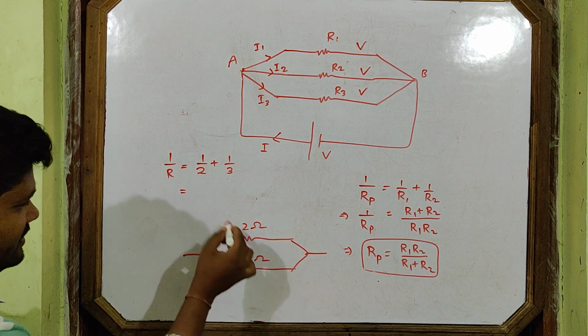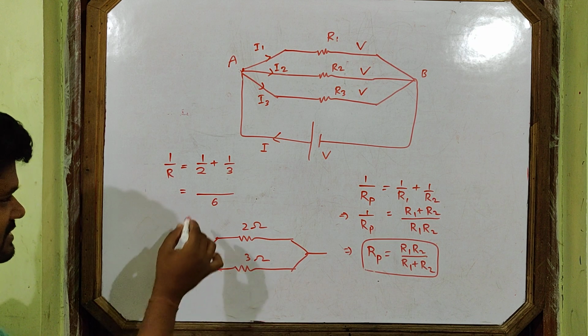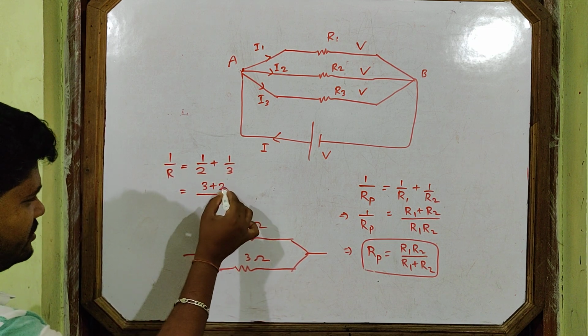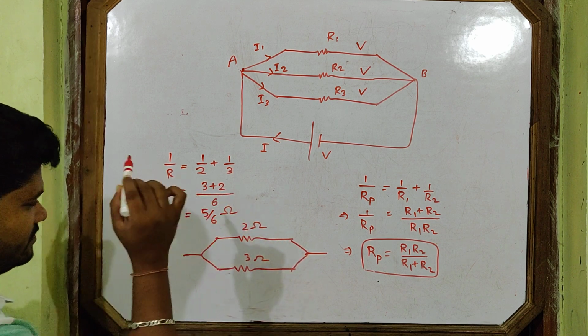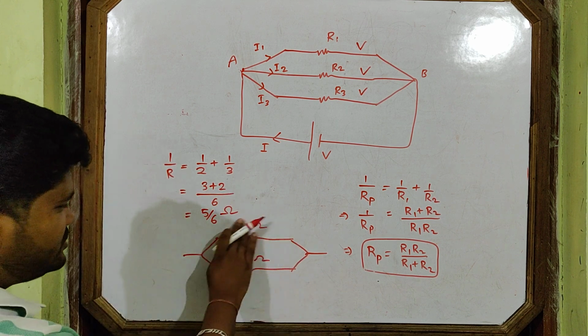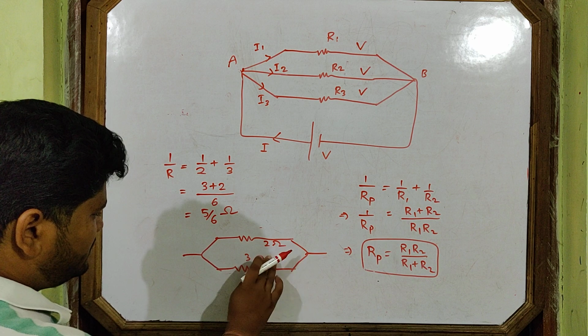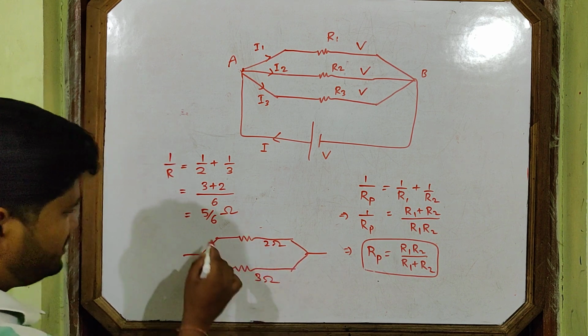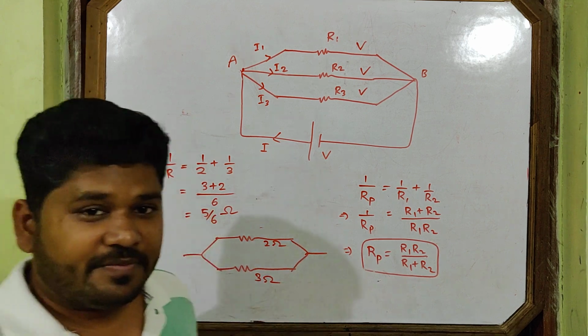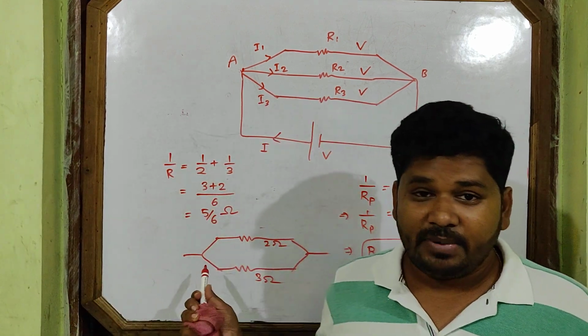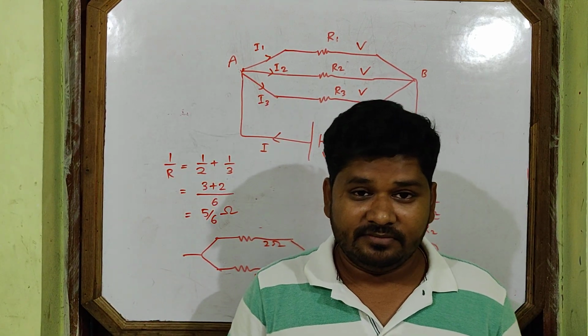Take LCM 6, then this is 3 plus 2, so the answer is 5 by 6 ohm. So what is the effective resistance here? 5 by 6 ohm. Right?